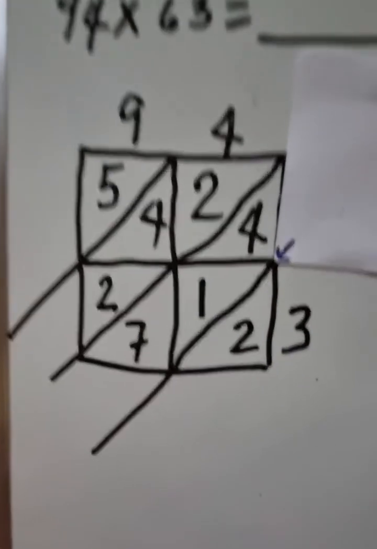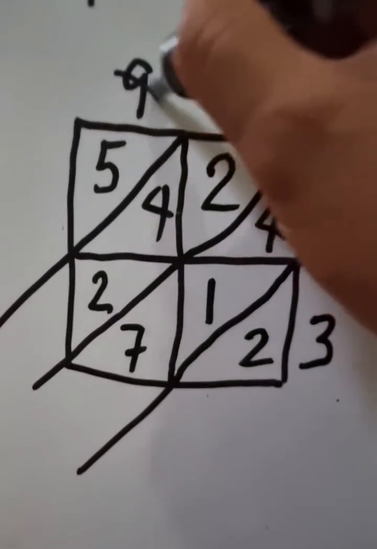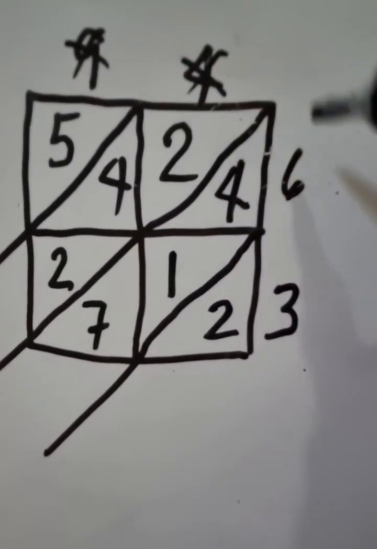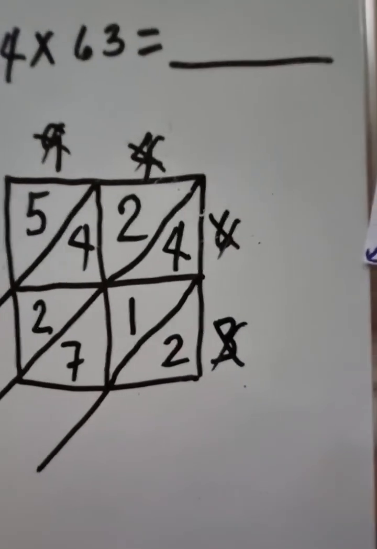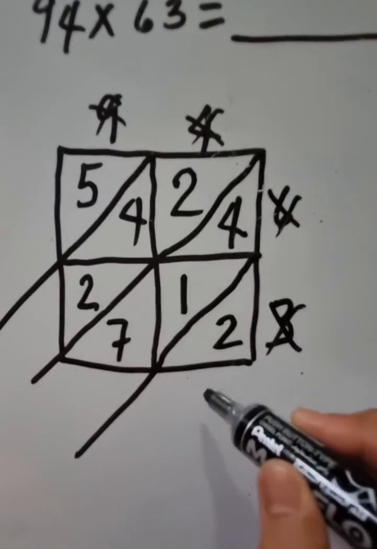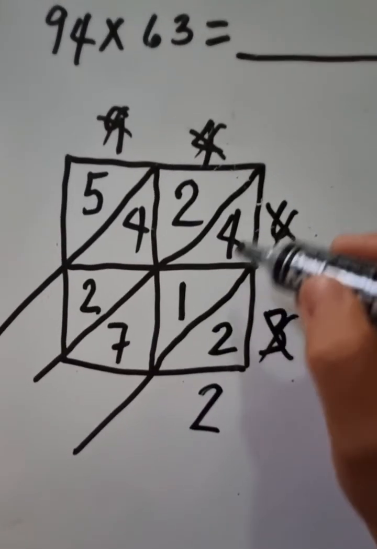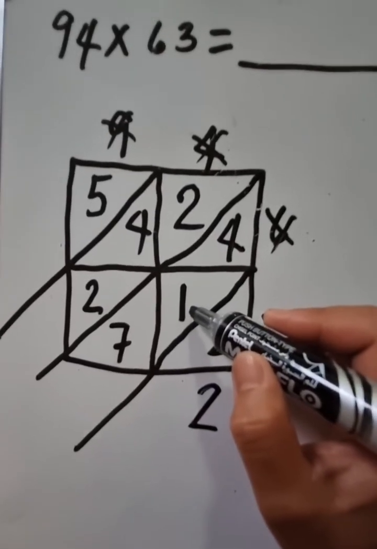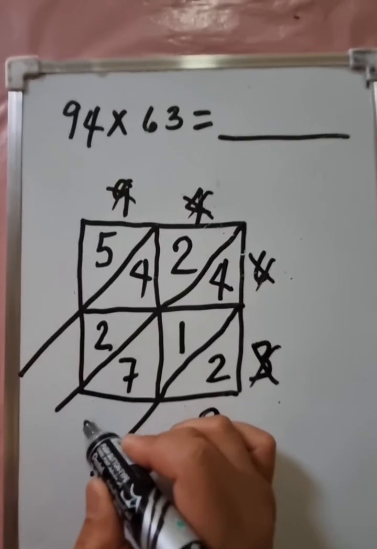And then, we're going to add all of this now. But before that, we're going to cross this out so that we will not be including these numbers in adding, in order to find the product. So you start here, you have here 2. Then 4 plus 1 is 5. 5 plus 7 is equal to 12.